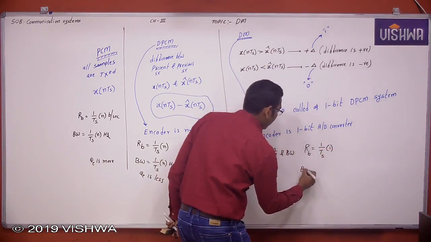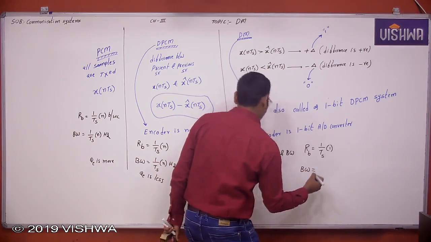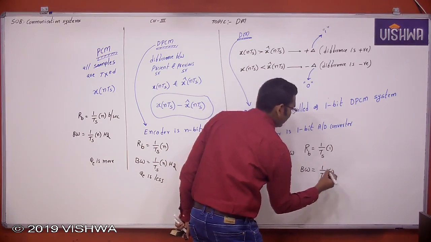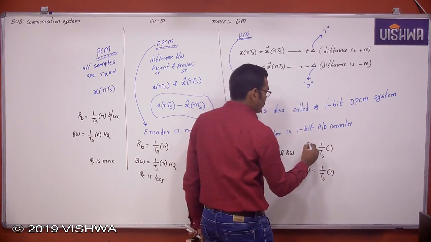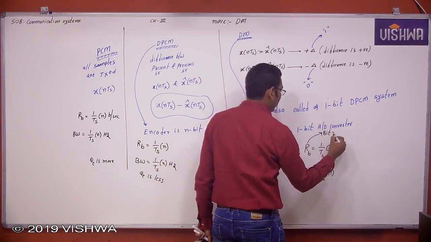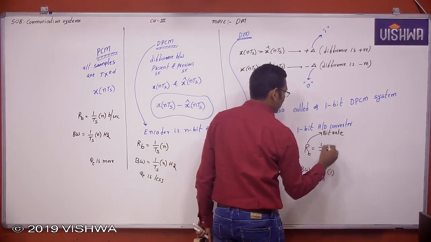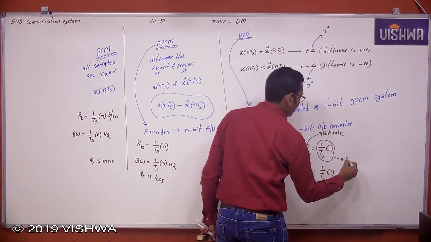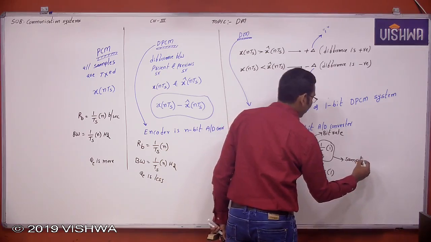So the bandwidth, which is equal to 1 by Ts into n, is 1 by Ts. Now this RB is nothing but the bitrate. This 1 by Ts is equal to the sampling rate.